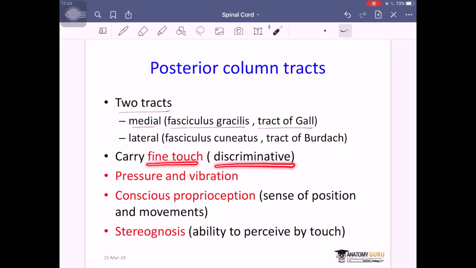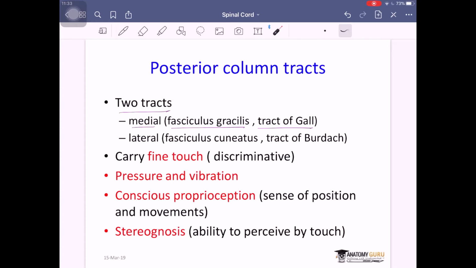Both these tracts carry fine touch, that is discriminative touch, pressure sense, vibration sense, conscious proprioception, and stereognosis, the ability to perceive an object as different from another. If you keep your hand in your pocket, you can say this is a pen drive, this is a coin, this is a pencil, this is an eraser. That ability to perceive and identify an object without looking at it is what we call stereognosis.